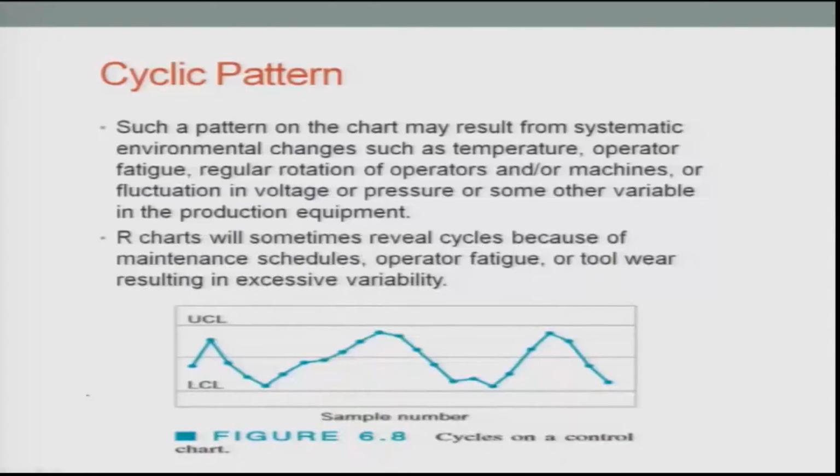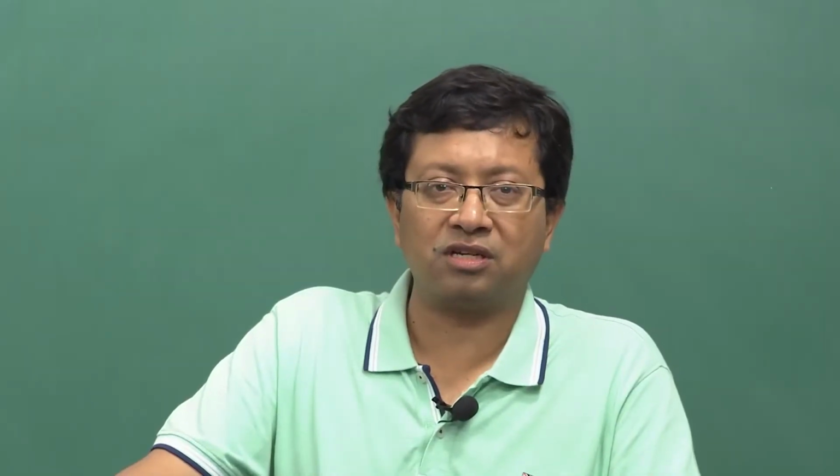Or there are fluctuations in the voltage. Say in the night when the operators are working, the load of electricity from the residential areas is not much, so there would not be much fluctuation in the voltage.